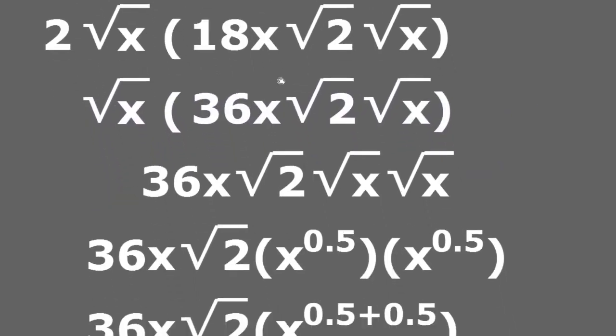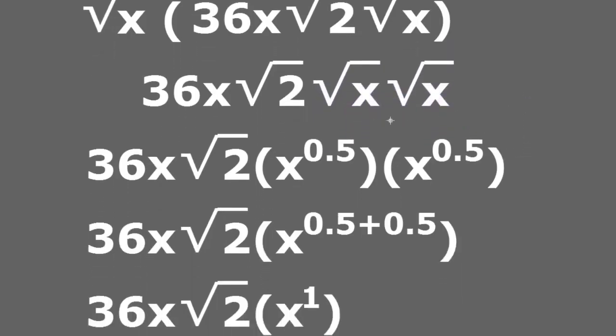What I multiply is the square root of x times the other square root of x that was inside of the parentheses. That simply equals x, because I have the square root of x squared, which is simply the variable x.